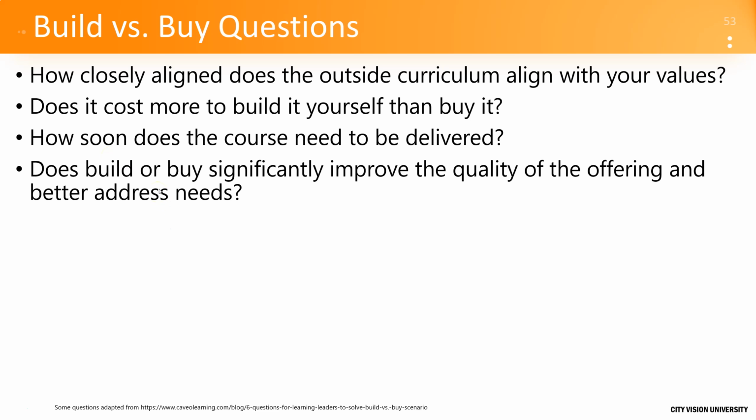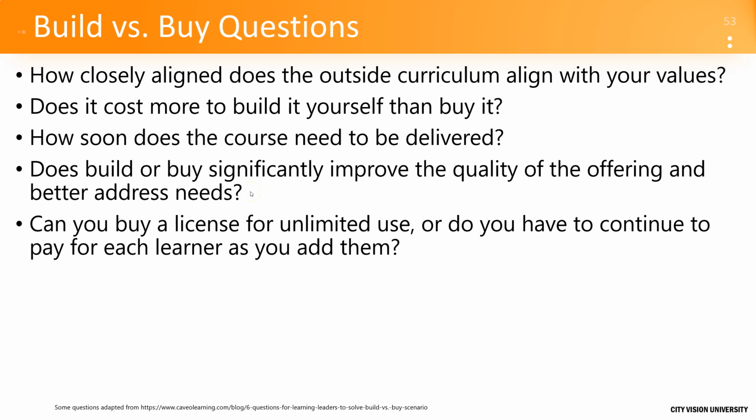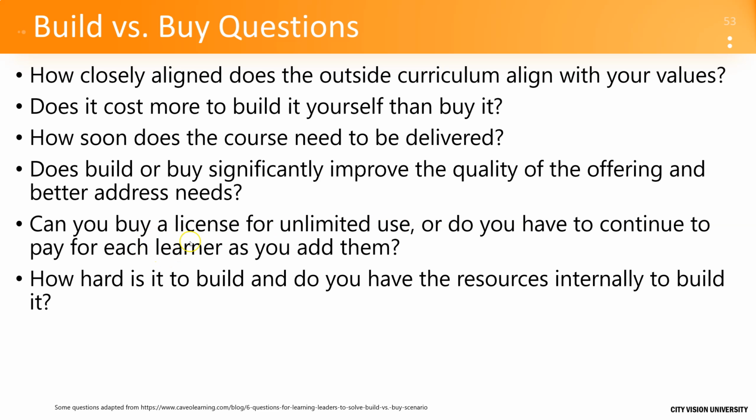That may affect whether you build versus buy. Does building or buying significantly improve the quality of the offering and better address the needs? Can you buy a license for unlimited use, or do you have to continue to pay for each learner as you add them? These are all questions City Vision looks at whenever we're evaluating whether to use outside resources. How hard is it to build, and do you have the resources internally to build it?